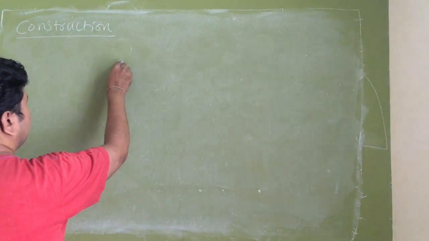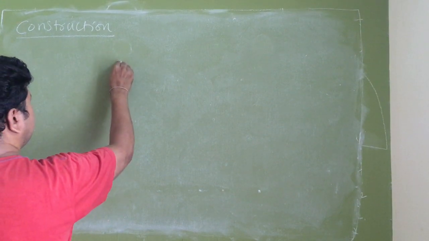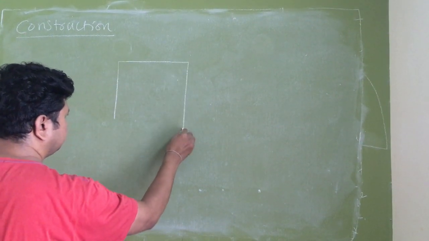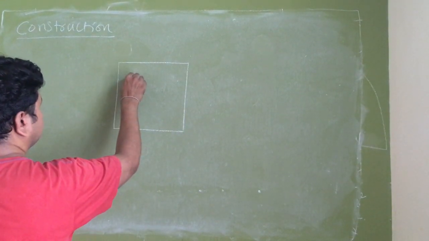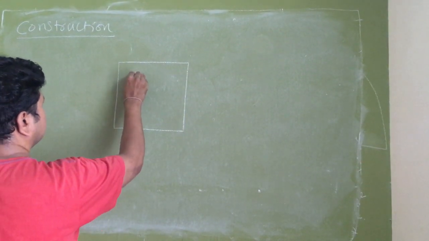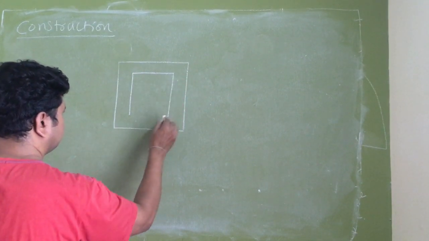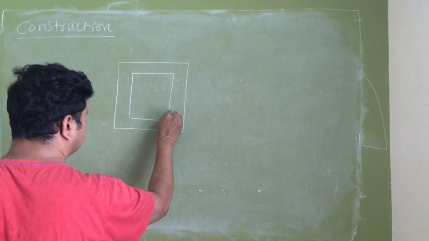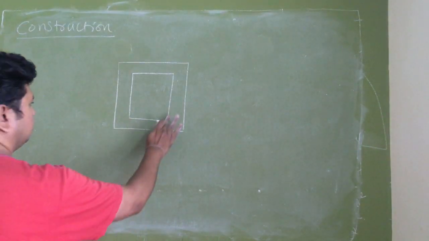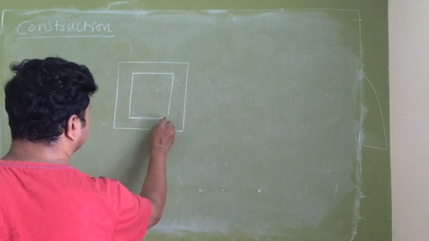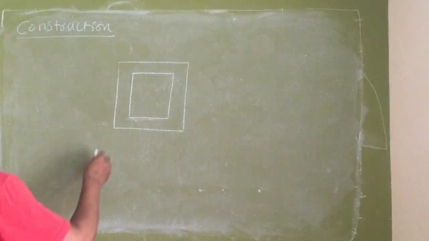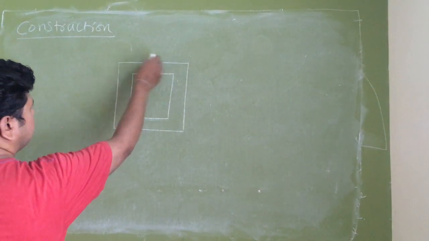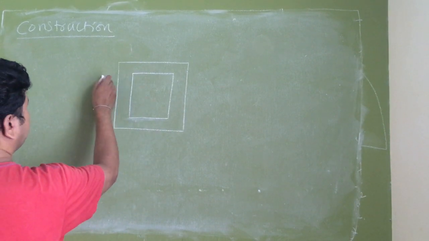Construction of transformer. So transformer is constructed using the magnetic core, this is the core, laminated core.